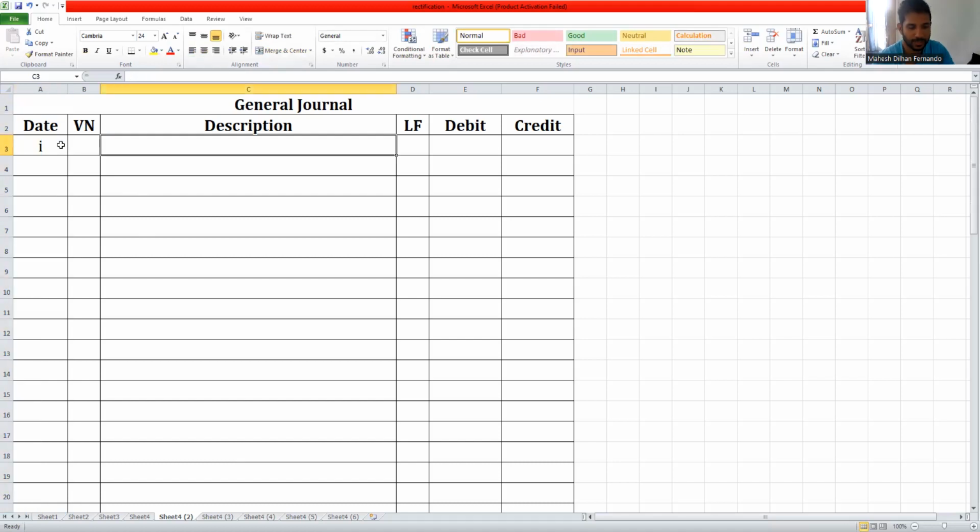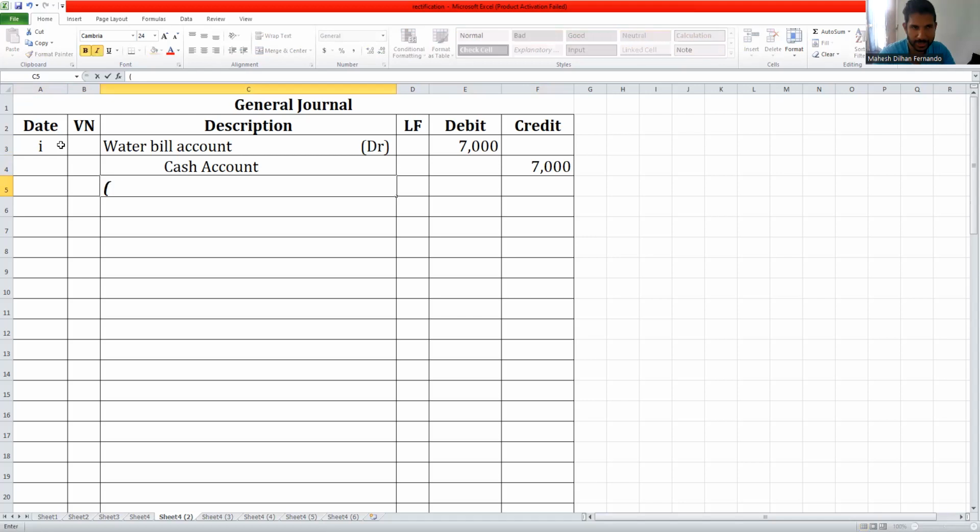Error number 1. Water bill account debit 7,000 rupees, and cash account credit 7,000 rupees.